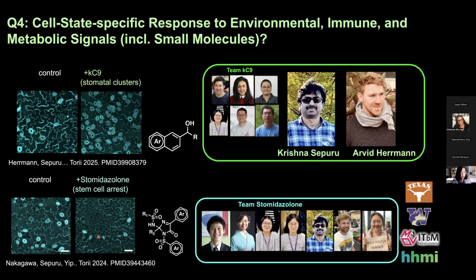That was also a collaboration between groups in Nagoya and here, including Ayami Nakagawa and Sungi-han from Nagoya and my grad student Heimin Seo and senior scientist Krishna. We'll talk about this KC9 story and I'll try to converge on how it addresses the question of cell type specific response.